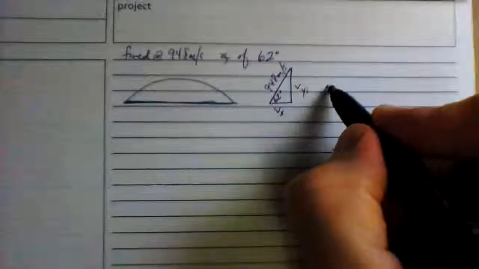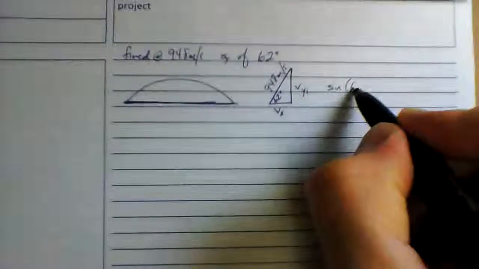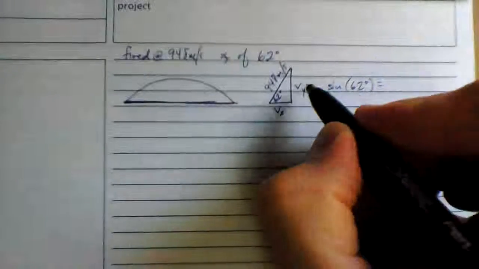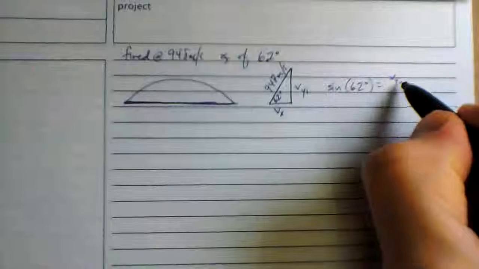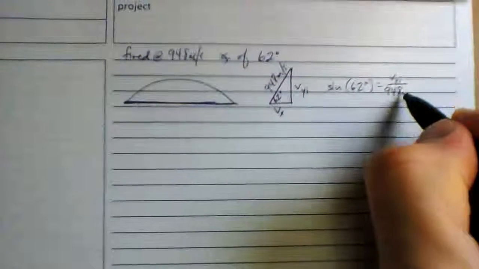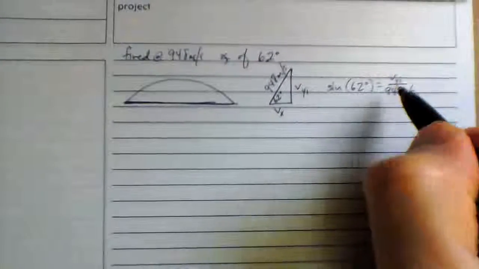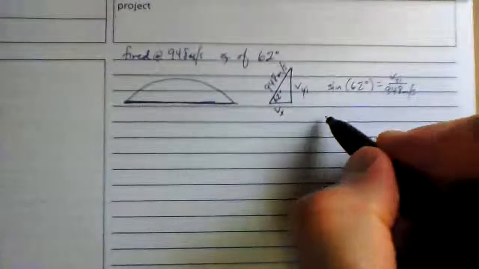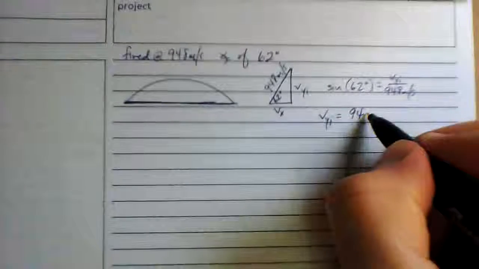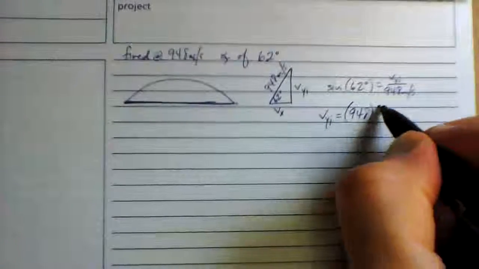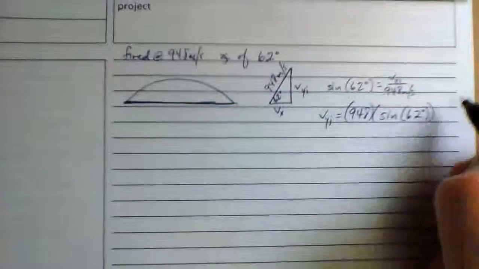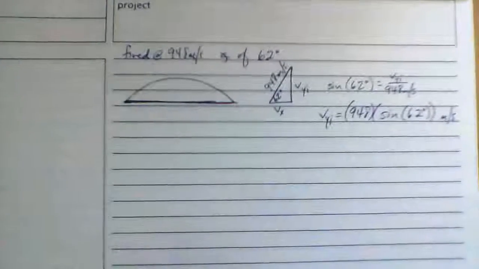And I know that the sine of 62 degrees is going to be equal to the opposite, that's Vyi, over the hypotenuse, which is 948 meters per second. So if I want to solve for Vyi, that means that it is equal to 948 times the sine of 62 degrees, and that's going to be in meters per second.